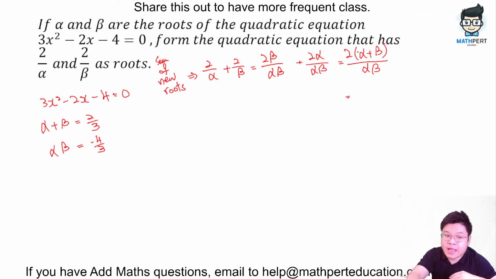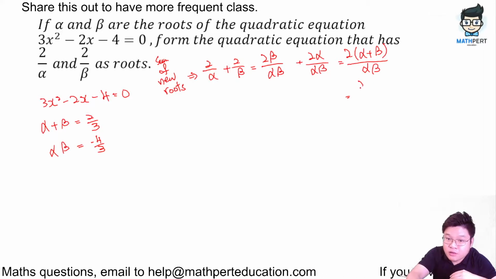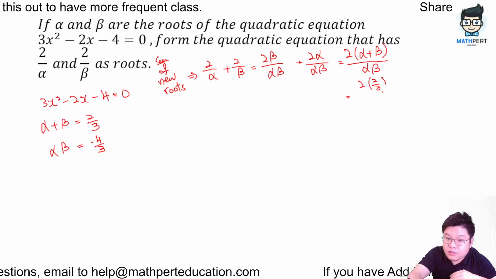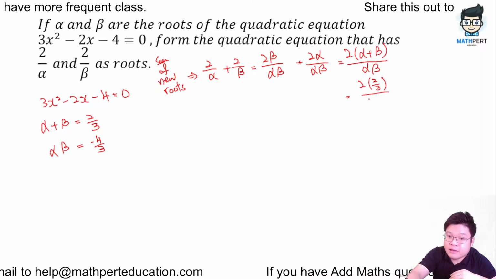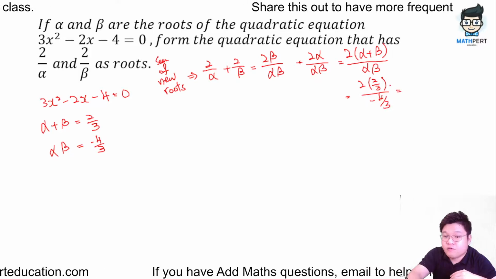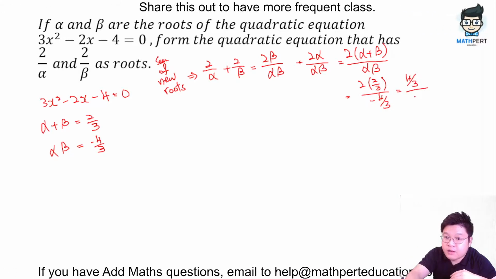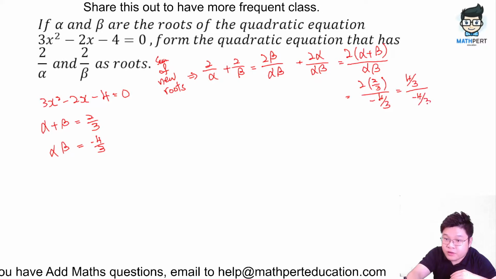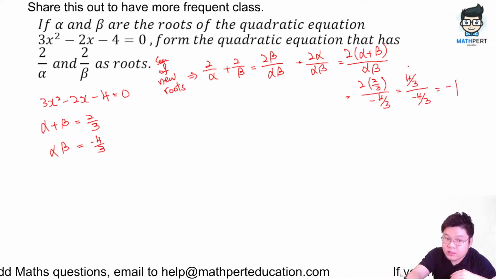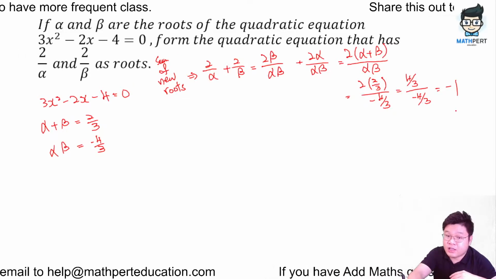Then alpha plus beta is 2/3, alpha beta is negative 4 over 3. For the numerator, we multiply and get 4 over 3 over negative 4 over 3. So you get negative 1. The sum of new roots is negative 1.